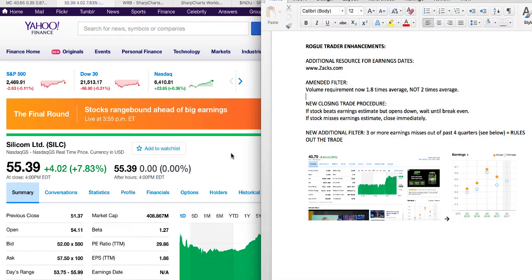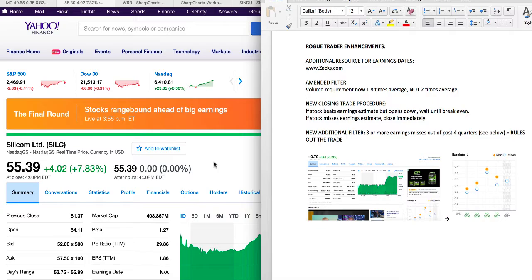This makes perfectly good sense when you think about it: if the company we're looking at has had earnings estimate misses on 3 out of the past 4, then that throws it out. We're looking for stocks that are going to beat their earnings estimate, so we don't want to get into a stock that has a track record of missing its estimate.